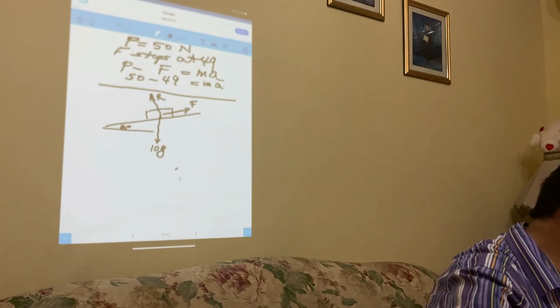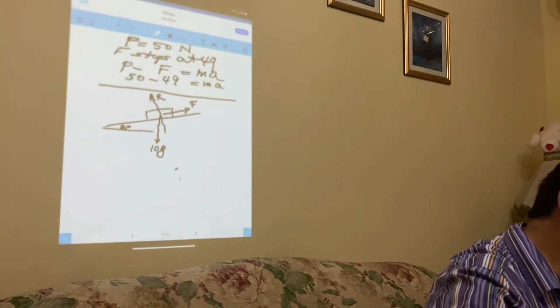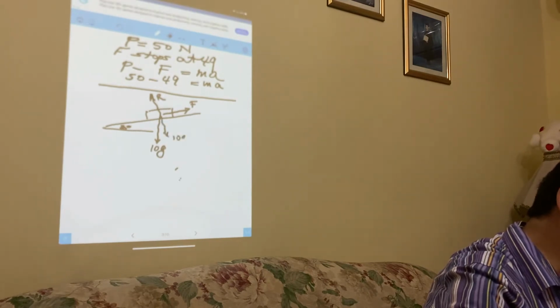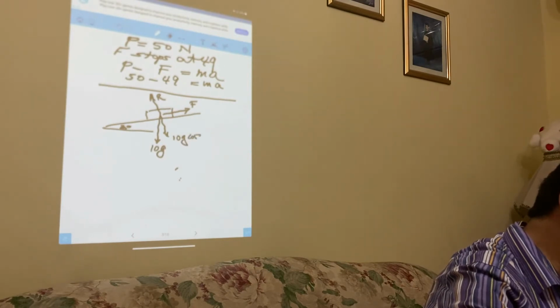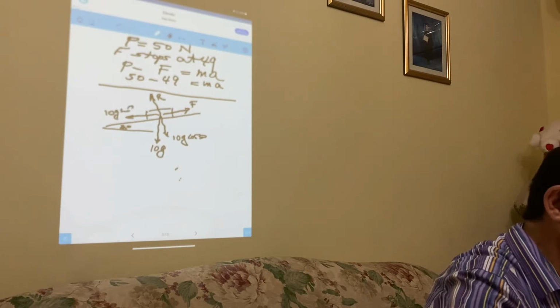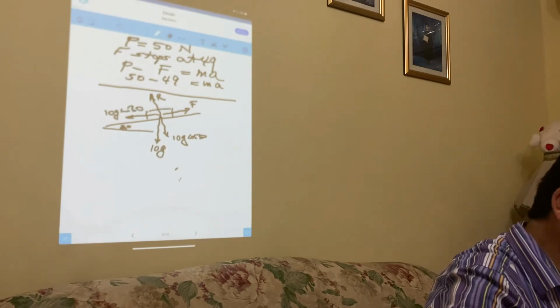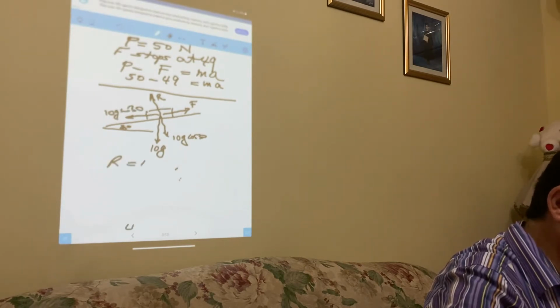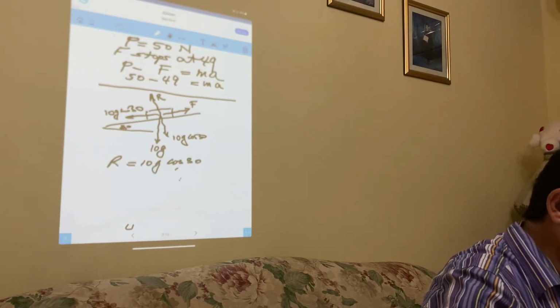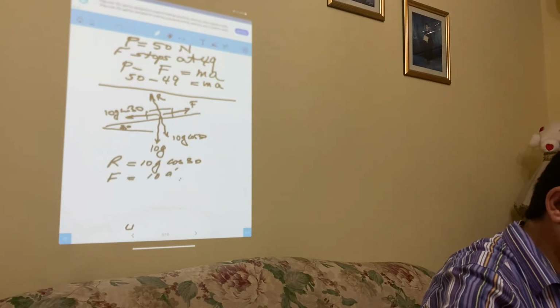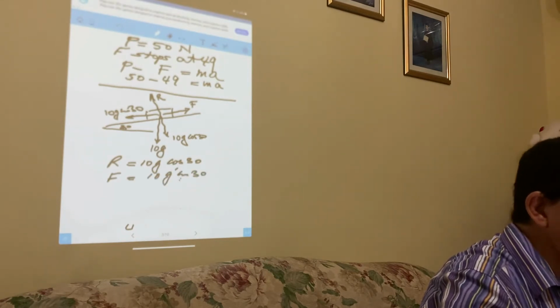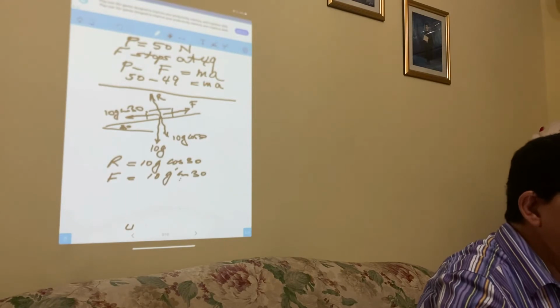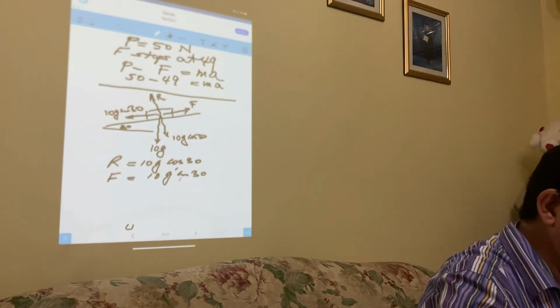Now resolving the 10g, we have here 10g cosine 30, and here 10g sine 30. R equals 10g cosine 30 and F equals 10g sine 30, because the body is in limiting equilibrium.